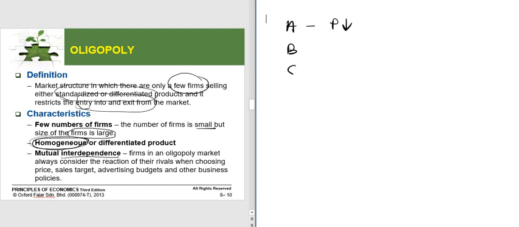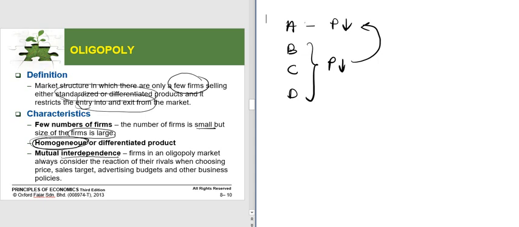What firm B, firm C or firm D will do is there is a tendency for these firms to also reduce the price of their products. So they are looking at what their rivals are doing.